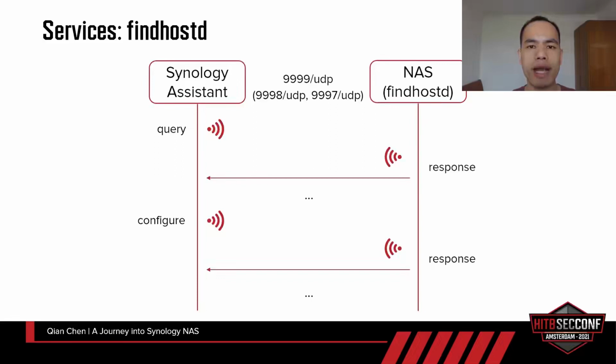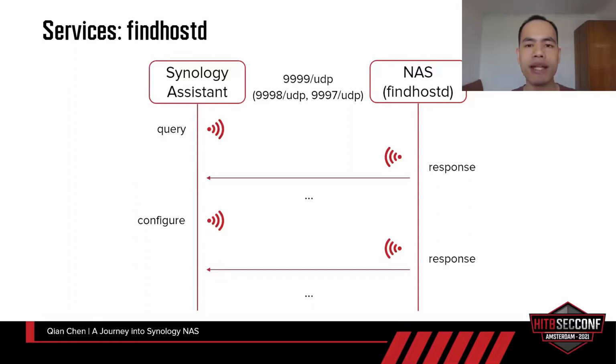First, they communicate via a UDP port. In general, the Synology Assistant first sends a broadcast query packet, and findhostd sends both a broadcast and a unicast packet as a response. After finding the device, the Synology Assistant can continue to send other broadcast packets, such as a configuration packet.